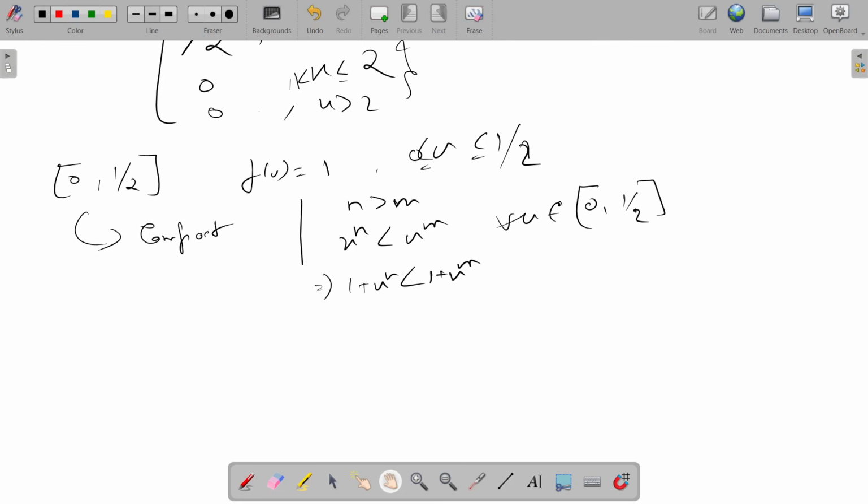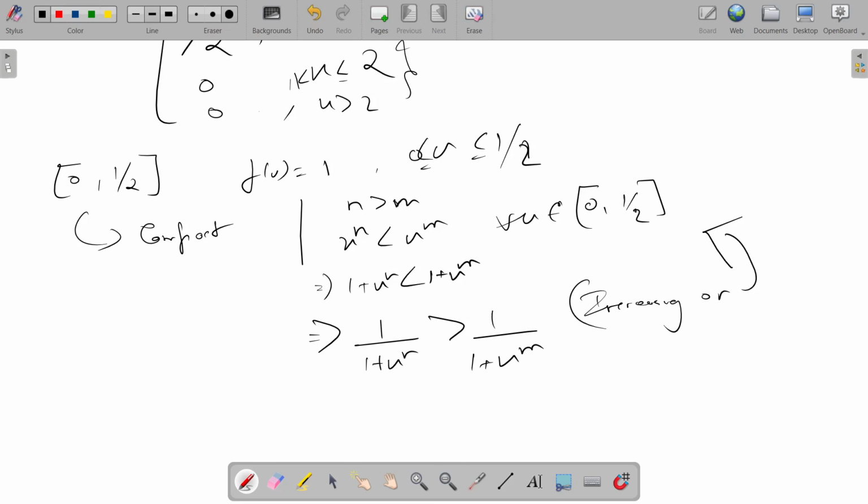I am not writing each and every step. So taking the reciprocal, 1 by 1 plus x to the power n is increasing on this interval. So they are monotone.